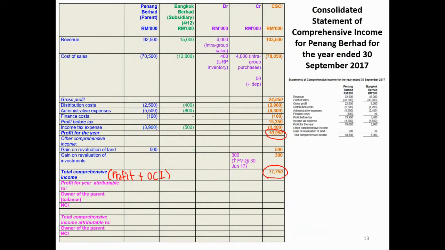Okay, Yiwen mentioned something. Yiwen said profit attributable to NCI, and then Mayan said NCI calculation. Yes, correct. Very good. For consol, always remember, students, don't stop here.